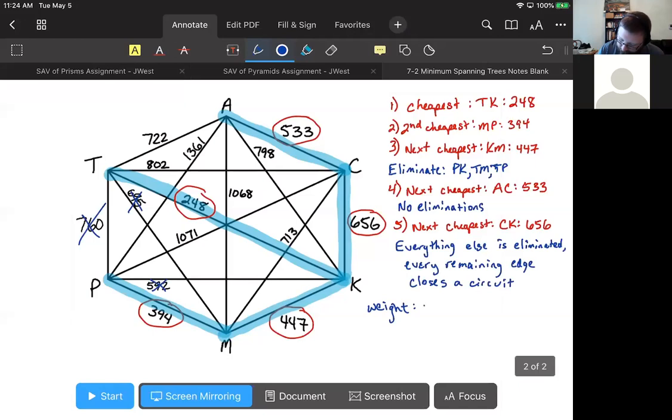So we had 248 plus 394 plus 447 plus 533 plus 656. And we add those up to get our total weight, which is 2278.